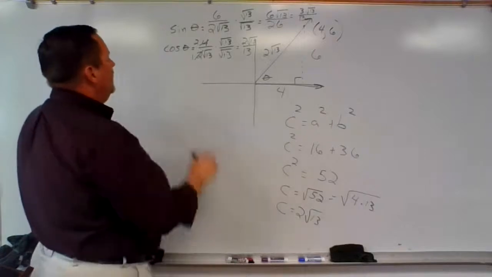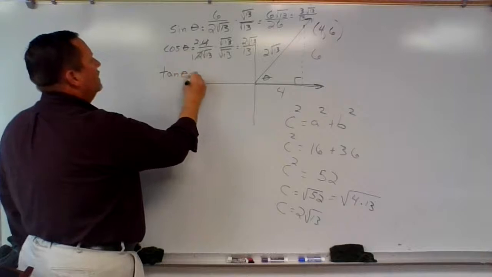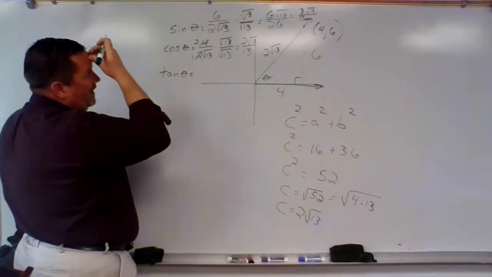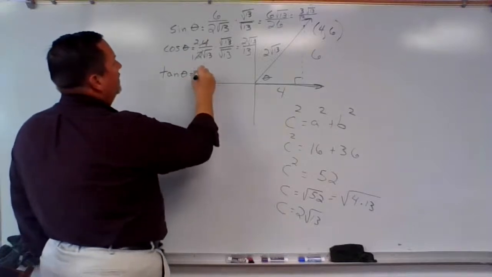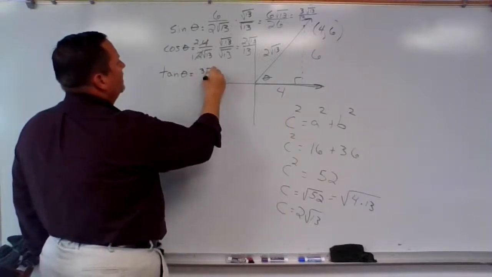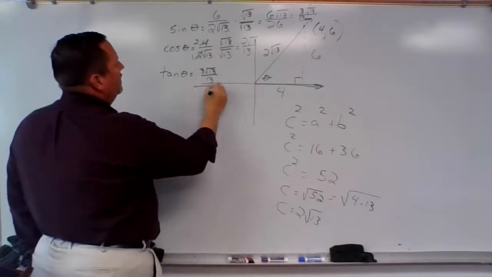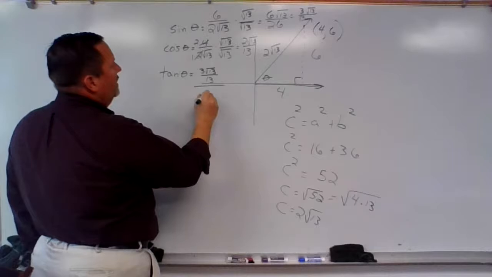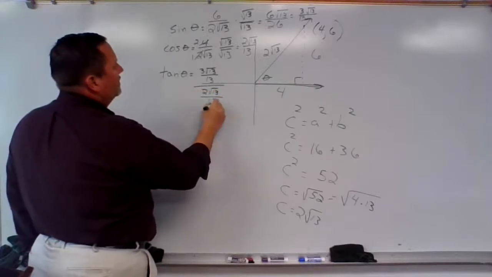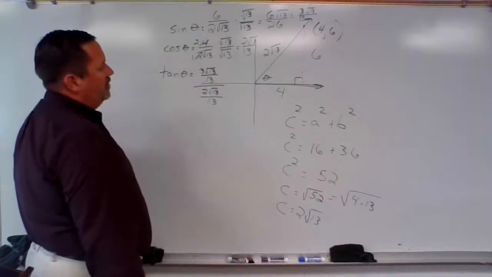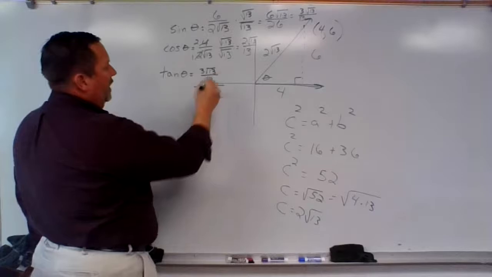And remember that the tangent is sine divided by cosine. This was my sine. This is my cosine. And to divide them, I flip and multiply.